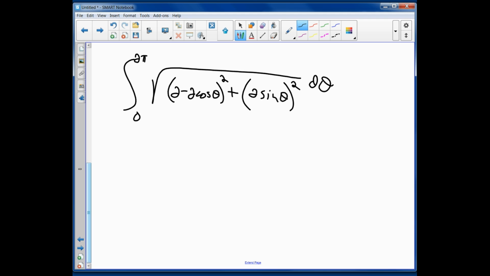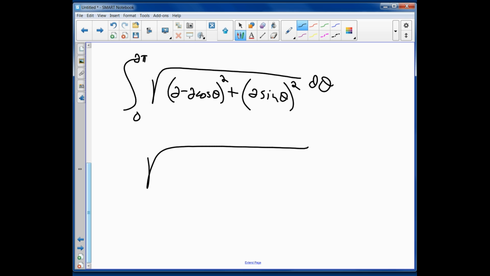Okay, so this is going to be square root of square. Now, can I factor a 2 out and square that? Make that a 4, and then take a 4 out and make it a 2? I know, but I can still factor a 2 out. And make that 1 minus cosine theta, all squared. Squared that makes it a 4. Factor a 4 out of that and make that a 2 out here.